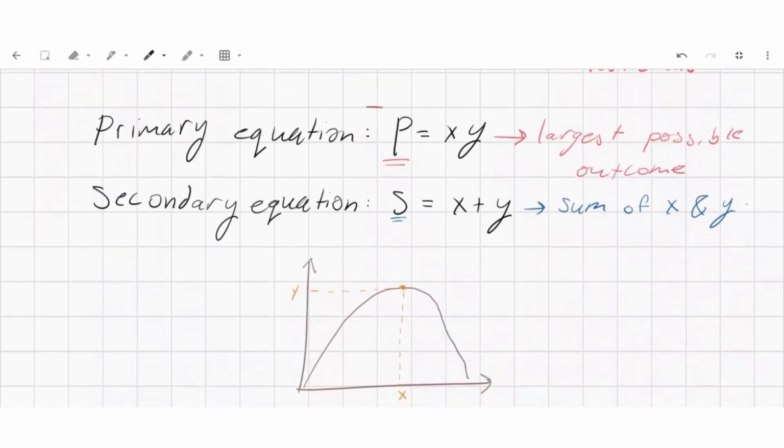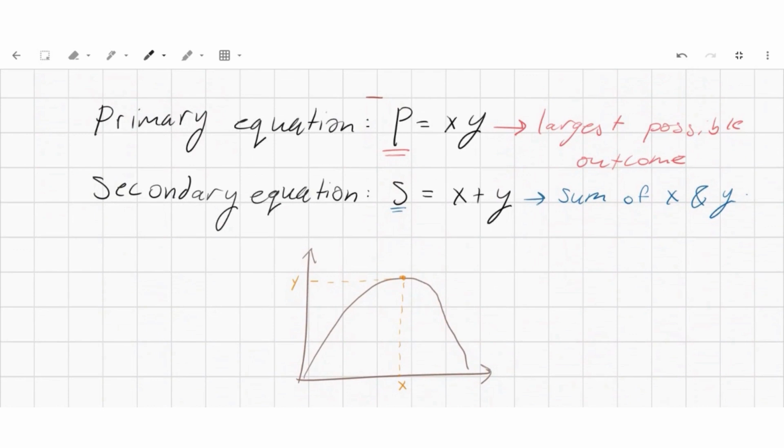So now that we've got a general hand of definitions, let's start to uncover optimization's fundamentals. Optimization focuses on two equations throughout, the first being the primary and the second being the secondary. The primary equation, as stated here, is P equals X multiplied by Y, where P is the largest possible outcome.